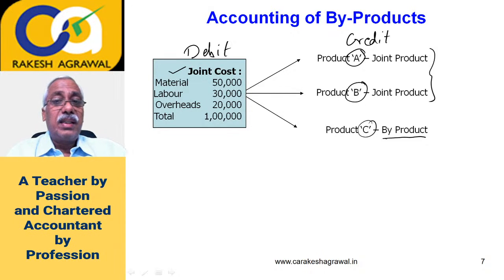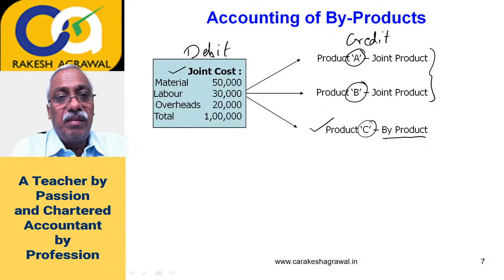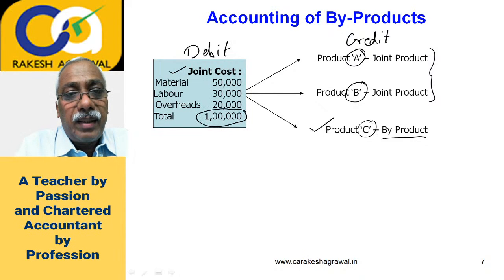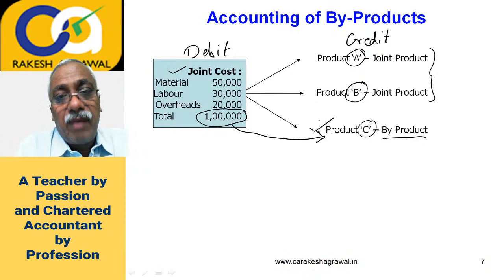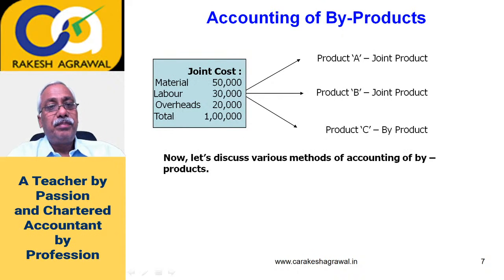So at present we are discussing accounting of byproduct, that is product C. Out of this common cost of 1 lakh, how much should be treated as a fair share of the cost of manufacture of product C, that is byproduct C? That is called accounting. So let's discuss methods of accounting of byproducts one by one.